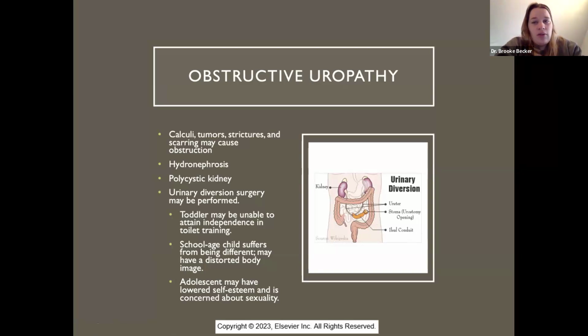Sometimes after obstructive uropathies, they can do a revision and reattach to the bladder normally, but sometimes the only option is the urostomy. School age kids might start to have a distorted body image or feel different from other kids. And then, of course, self-esteem and concerns about sexuality in adolescence if they have an obstructive uropathy that has led to a stoma needing to be created.